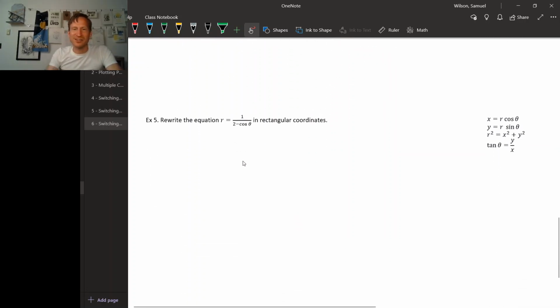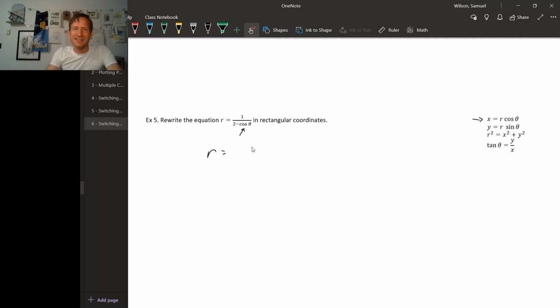All right, finally, let's look at this example. So r equals 1 over 2 minus cosine theta. This time it's quite tricky to know what to do. Because there's a cosine, it seems like probably we want to get that with an r somehow. We could multiply the numerator and denominator on the right by r, but also we could just clear the denominator, and that would multiply it by the r on the left.